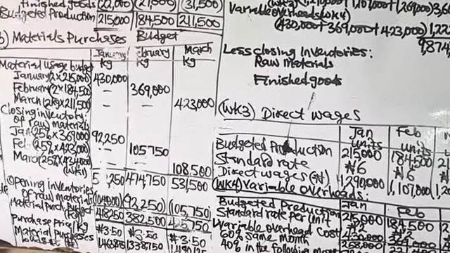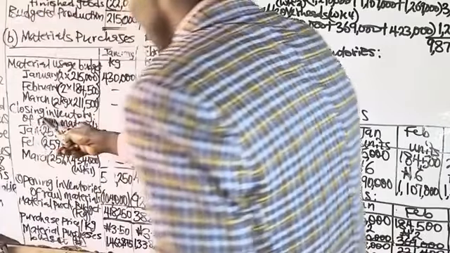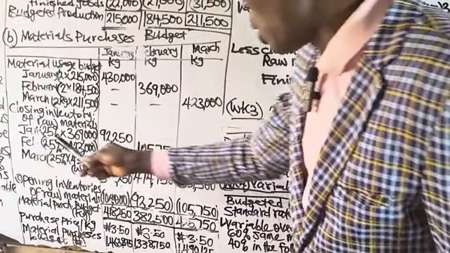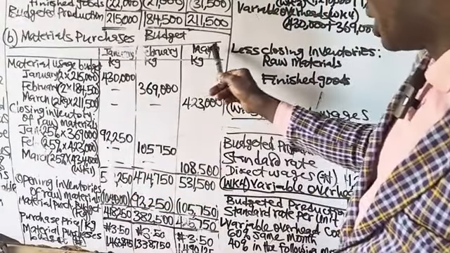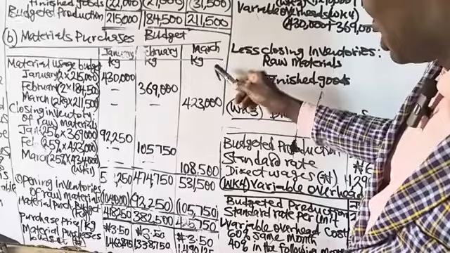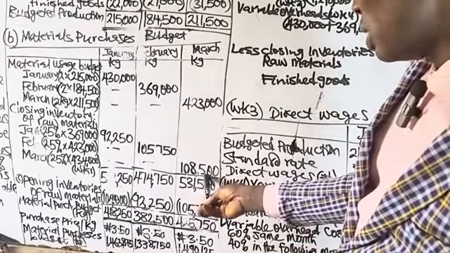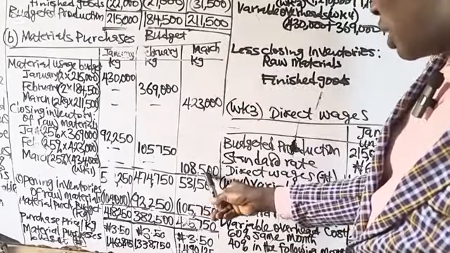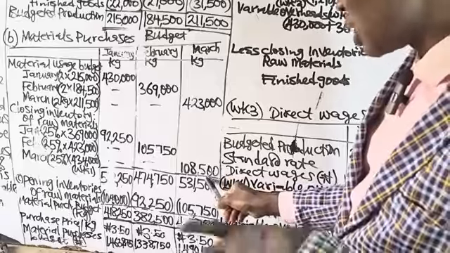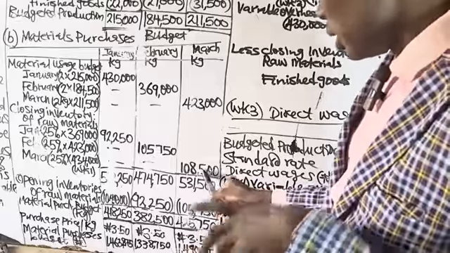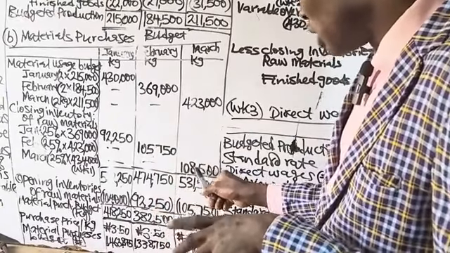We have the closing inventories, raw materials. So the last period, what you have as a closing inventory in the month of March will be used, since the final month in the budgeted period is March.